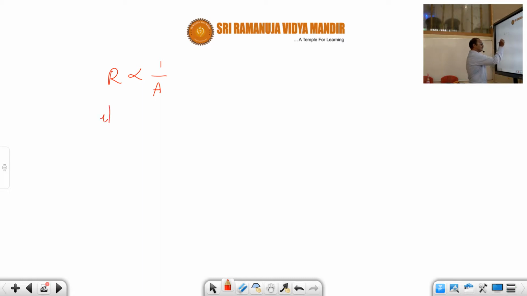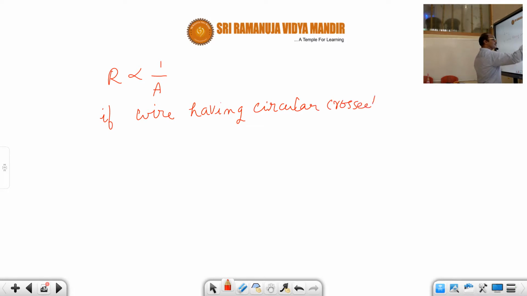So if the wire is having a circular cross section, then area equals pi r square will come.